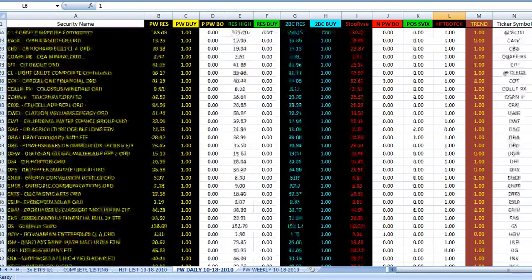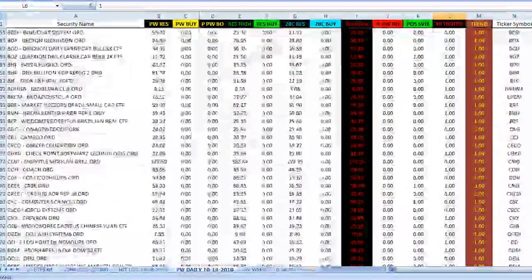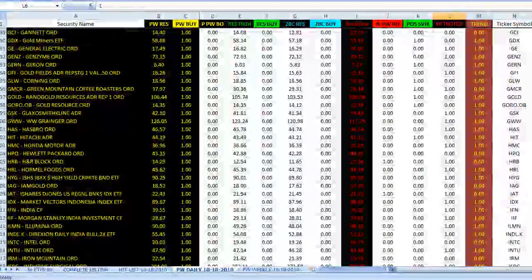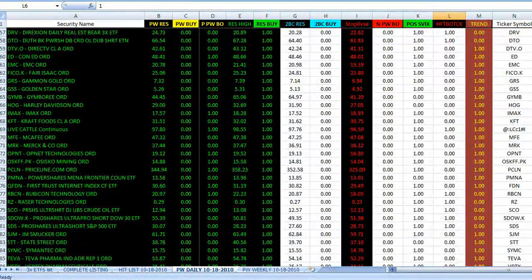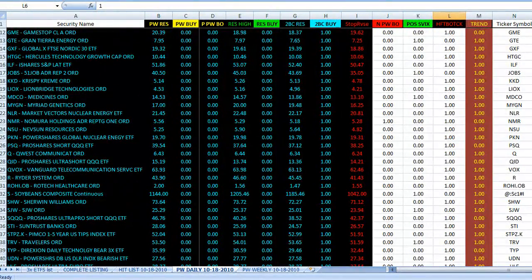So that's how it's organized. Pulse wave signals first, then intraday buy signals, then 2-bar Charlies. That's how it's organized in that fashion. So if I want to quickly find a good pulse wave to take, it's highlighted in yellow. Intraday buy signals are highlighted in green. That's your secondary signal. And your tertiary signal is the 2-bar Charlie, highlighted in blue.